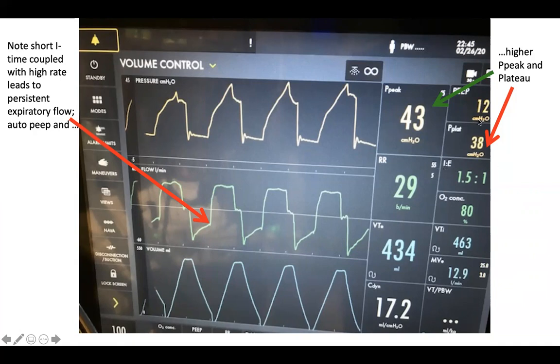What you can see is very high pressures. Both the peak and the plateau are elevated. There's persistent end expiratory flow, which leads to auto-PEEP that contributes to these high pressures.